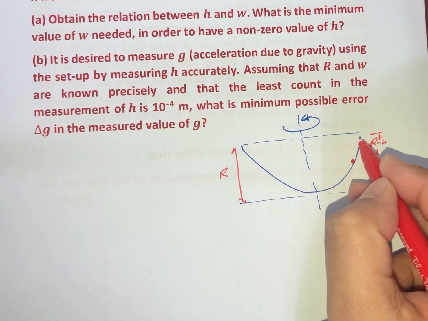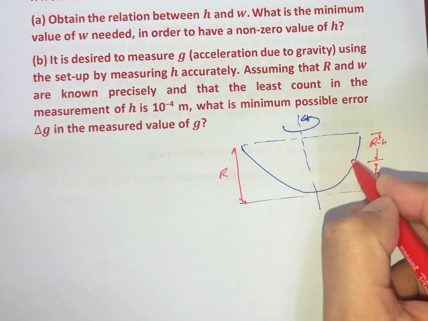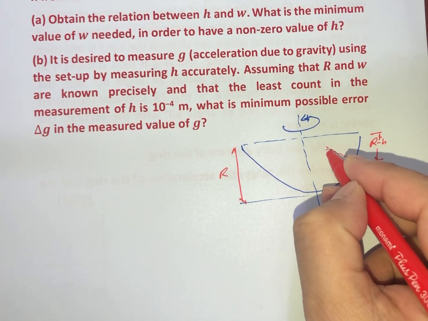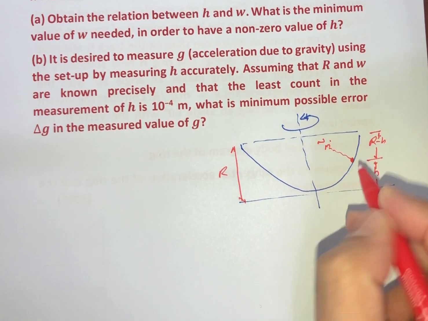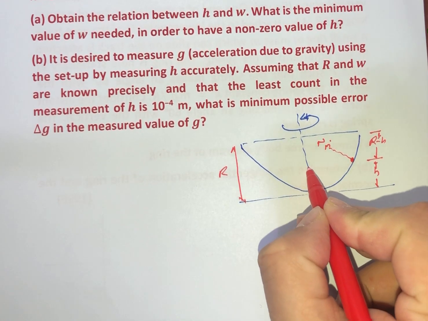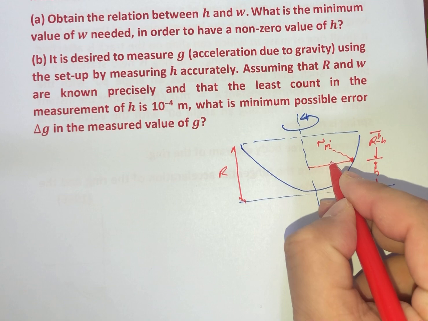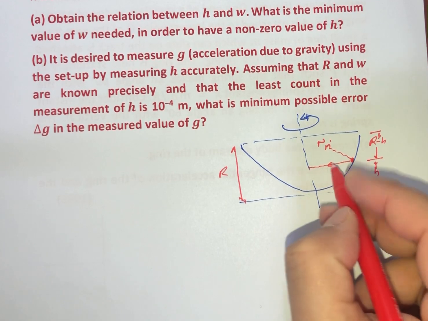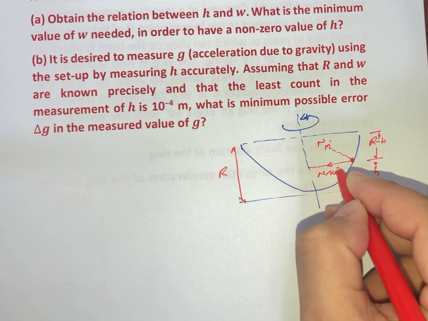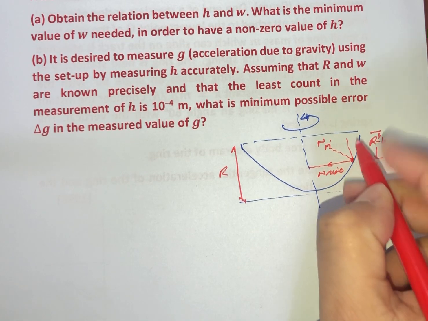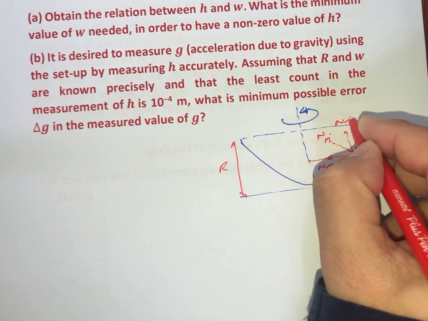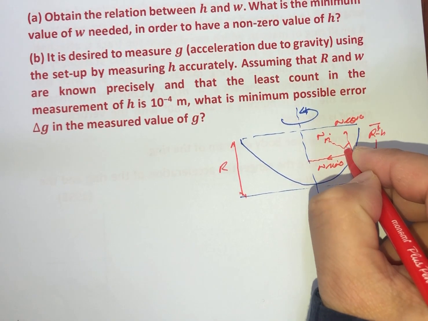Because of the normal force between the mass and the bowl, N will be acting in this direction, and this N can be divided into two components. In this direction it will be N sin theta, and in this direction it will be N cos theta, with this angle of theta.